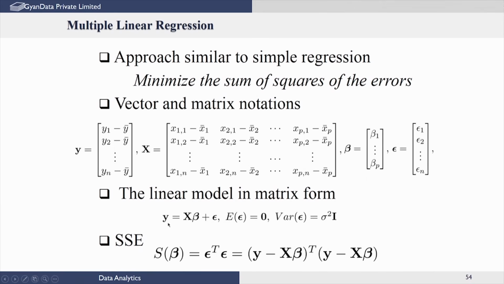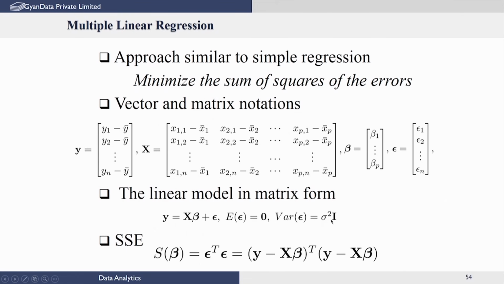So, we can write our linear model compactly as y equals X beta plus epsilon, and we also make the usual assumptions about the error, that it is a 0 mean vector. In this case, because it is a multivariate vector, 0 is a vector. So, the expected value of epsilon is 0, which implies epsilon is a random vector with 0 mean, and the variance covariance matrix of epsilon is assumed to be sigma squared identity.